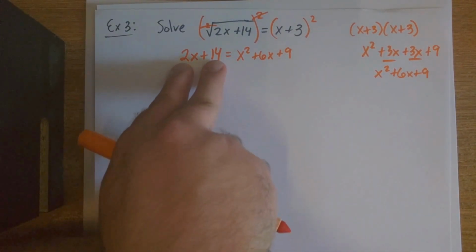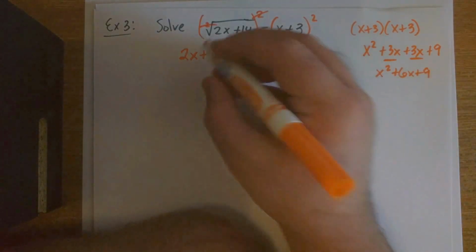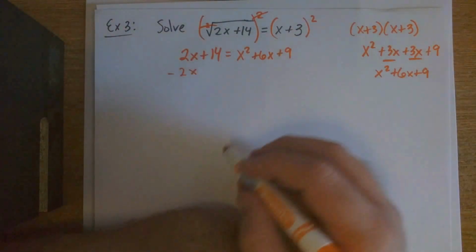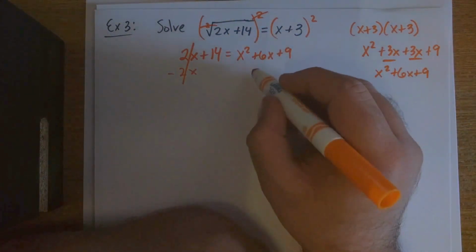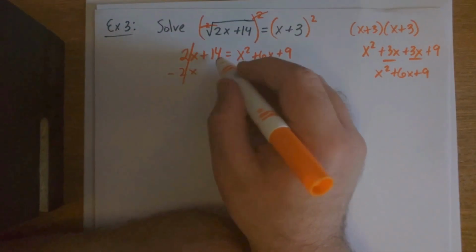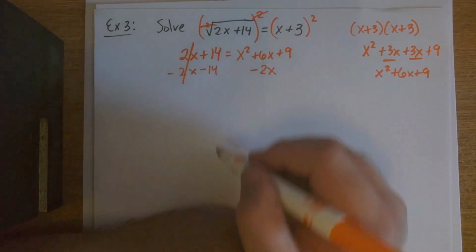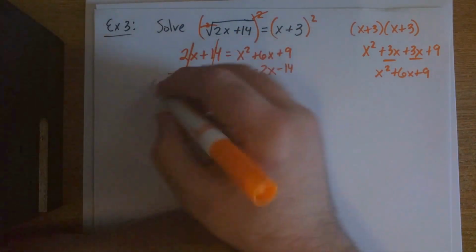So it would be easier for us, in the long run, to just move this over here. So let's go ahead and subtract 2x, because that'll make that cancel. And then where would I subtract 2x over here? I would do it right here, because like terms. Also, to make the 14 go away, I'm going to subtract 14. Where else would I subtract 14? Right here.